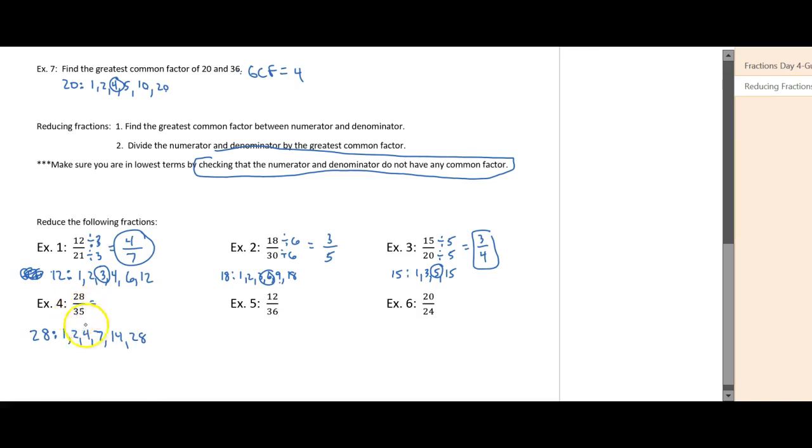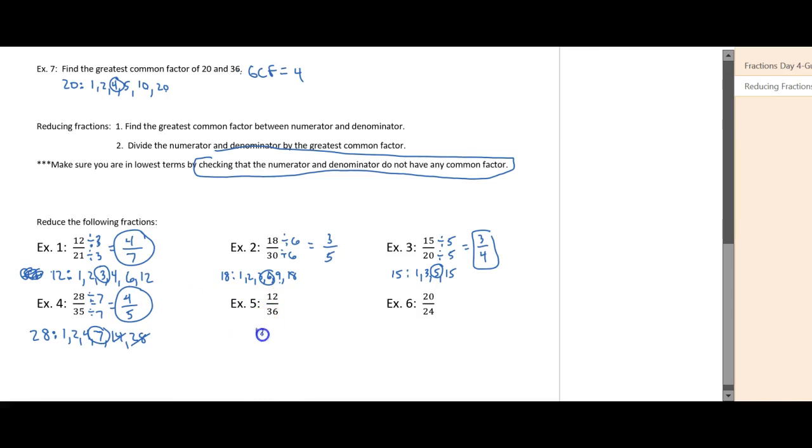What's the largest factor from this list that goes into 35 evenly? 28 doesn't, 14 doesn't, 7 does go into 35. So we're going to divide numerator and denominator by 7. 28 divided by 7 is 4. 35 divided by 7 is 5.